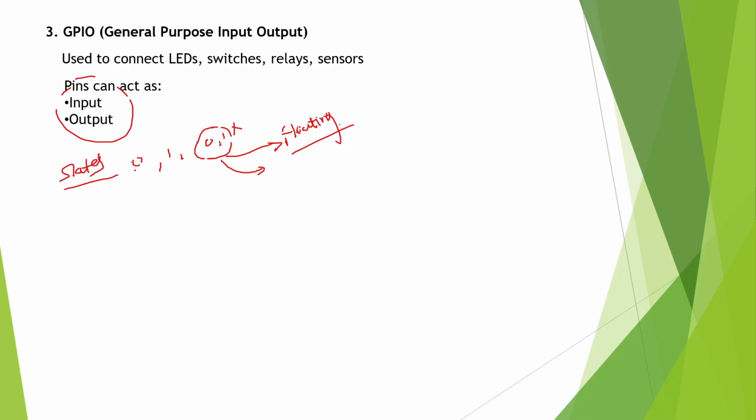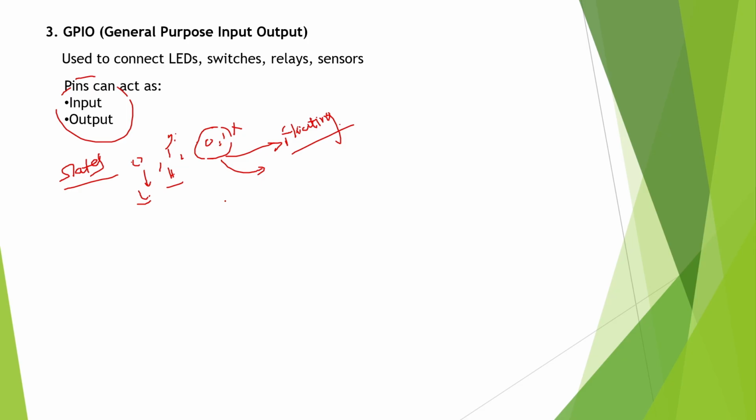When we talk about high and low state, in the case of an LED, you will configure the GPIO pin as output, and that state will be high. High and low state means on and off. It means you will get some voltage on the GPIO pin in case of output, like 3.3 volts for high, and a low state means 0 volts.